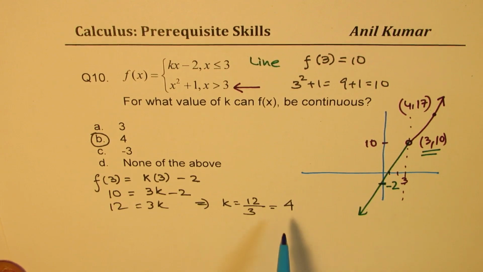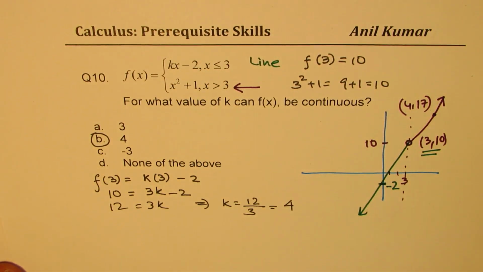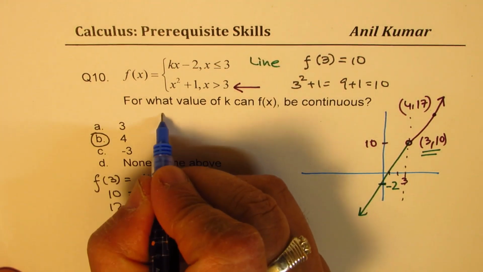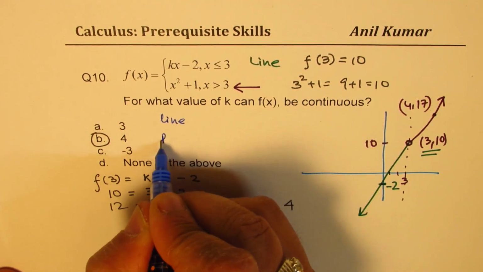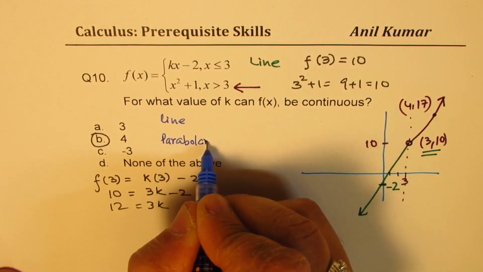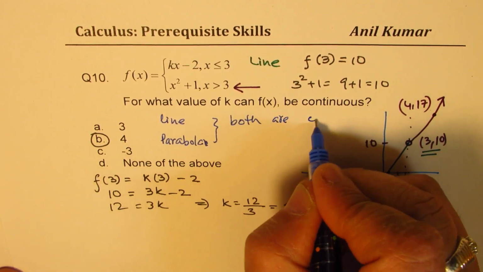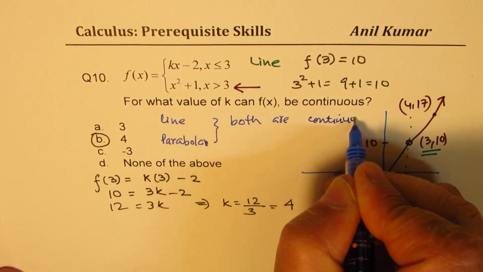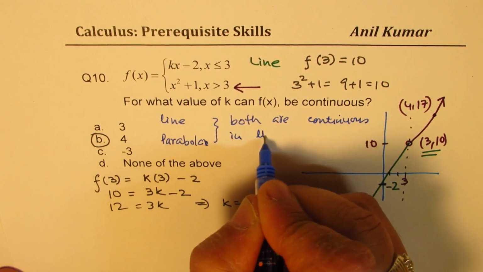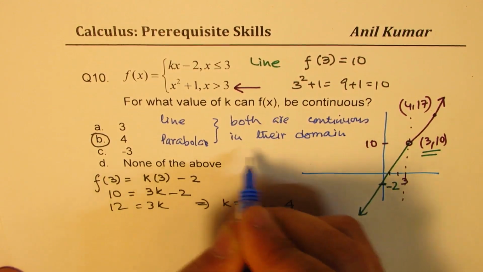The explanation for this is that both pieces are continuous, right? We have a line here and we have a parabola. So both are continuous in their domain, right?